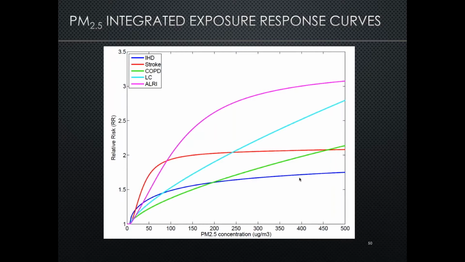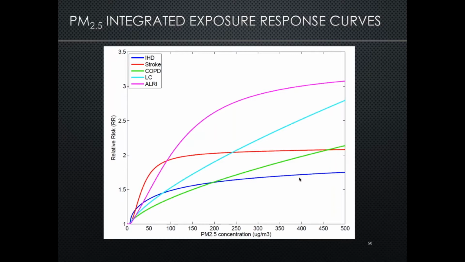So a key factor of the shape of these concentration response curves is that a unit change in exposure to PM2.5 in relatively clean environments leads to a greater health impact than the same unit change at very high concentrations.